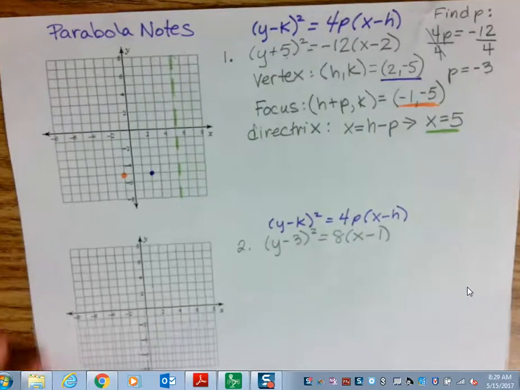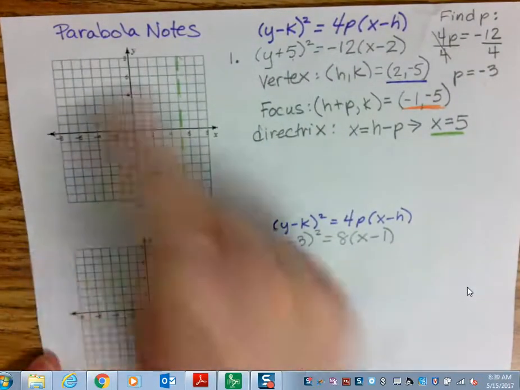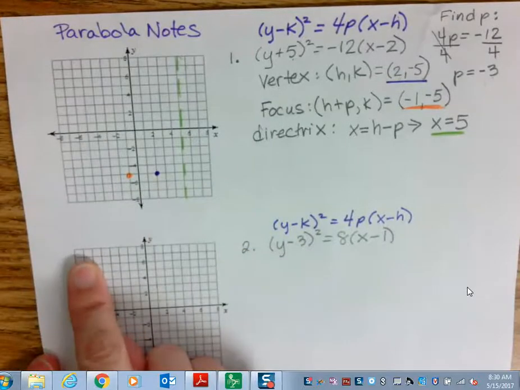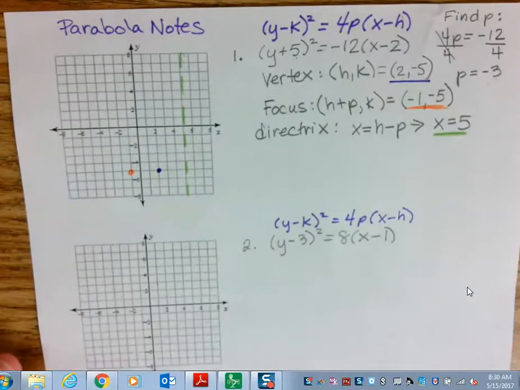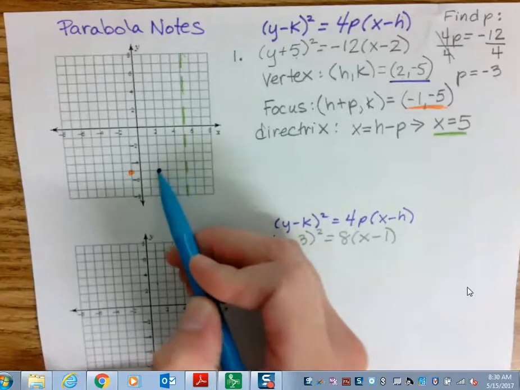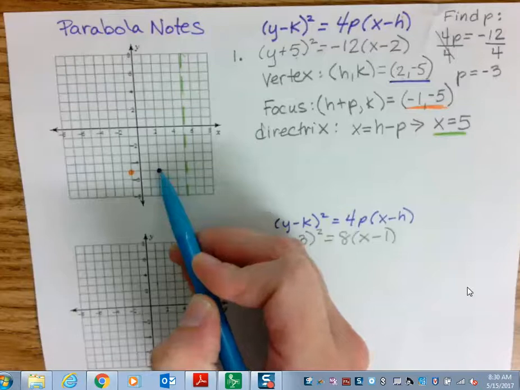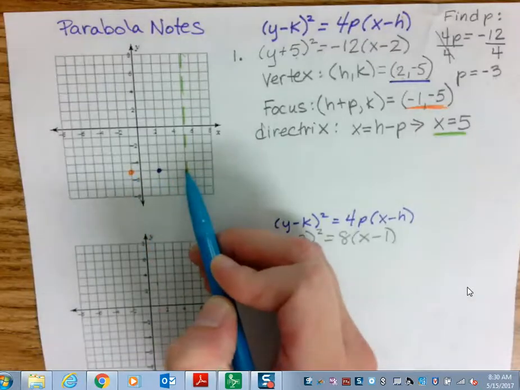So we know that it's going to open to the left, and what we want is another set of points for this parabola without having to plug in. So we go back to the definition of a parabola. When you have a parabola, all of the points on the parabola are the same distance from the focus as they are from the directrix. So you can see that the vertex here is 3 away from the focus and it's 3 away from the directrix.